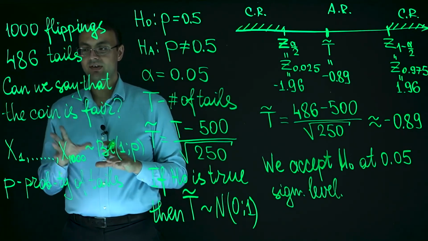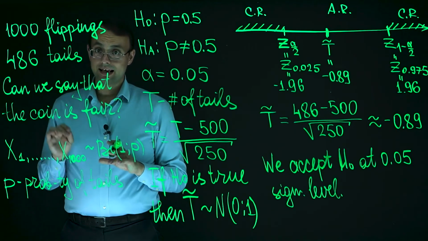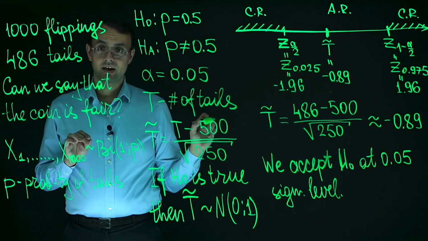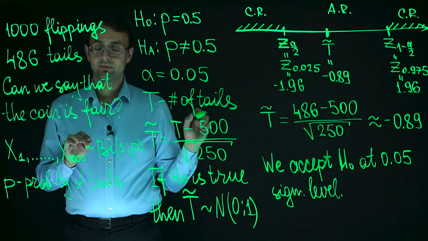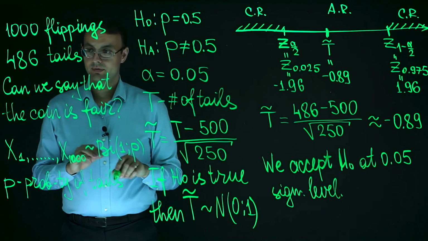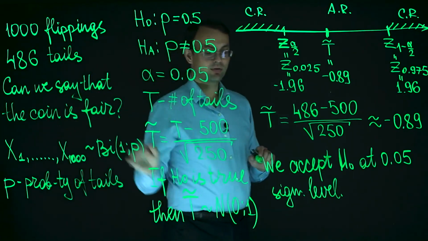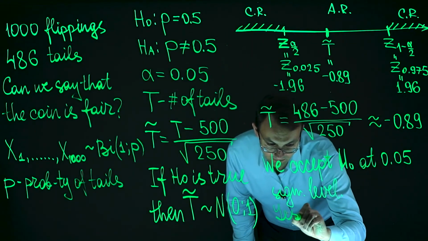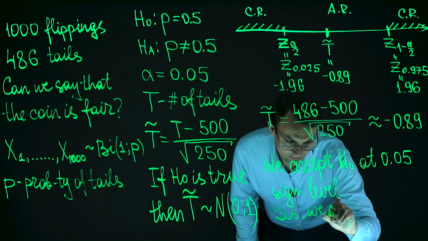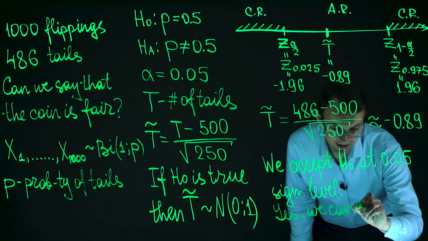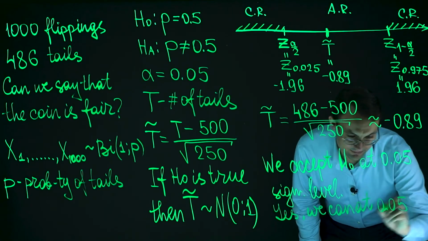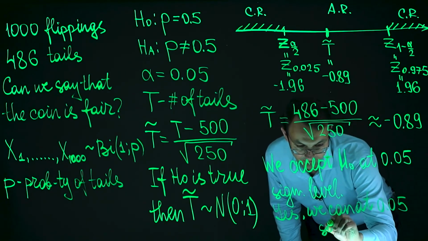Can we say that the coin is fair? Yes, we can, at the 5% or 0.05 significance level.